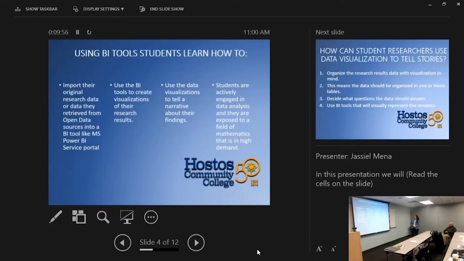Third, we use the visualization to tell a story or a narrative about the findings that we have. And the fourth one is that we as students get very engaged in the data analysis, and we are exposed to a field of mathematics that, as we all know, is in high demand nowadays.